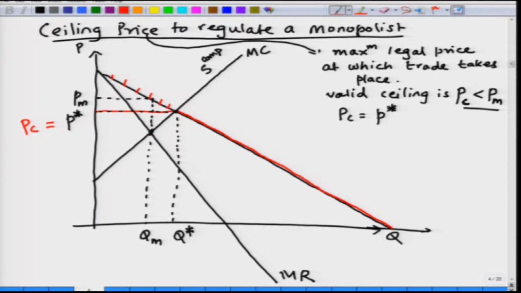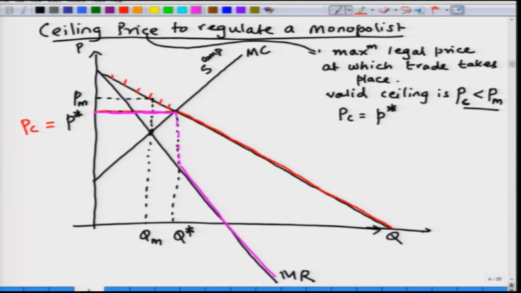Now, because the demand curve is altered, the marginal revenue curve also gets altered. So, the new marginal revenue curve will be tracing out this flat portion of the demand curve up to Q star, and thereafter it will jump and follow the old marginal revenue curve, right.